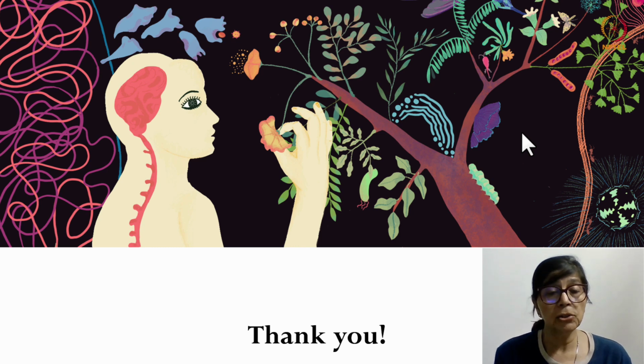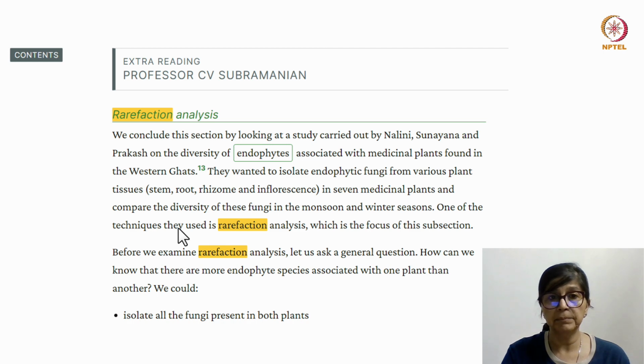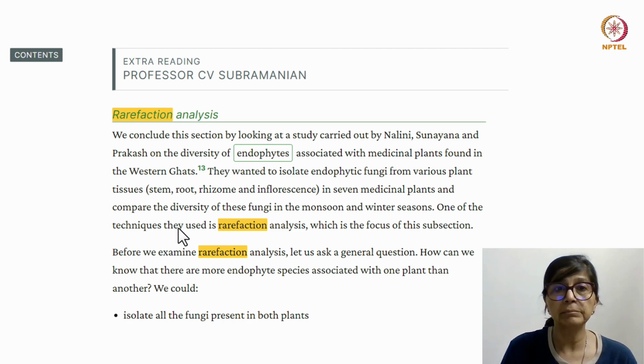And just to tell you a bit more, in our fungi chapter, the kingdom of fungi, you can see another analysis that we have used to estimate species richness, which is called rarefaction analysis. So this is the book chapter.